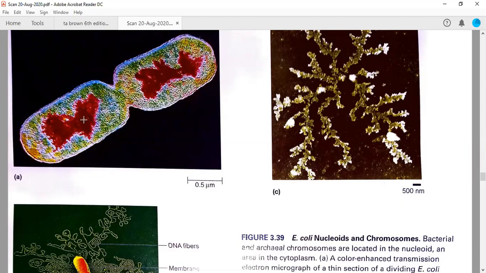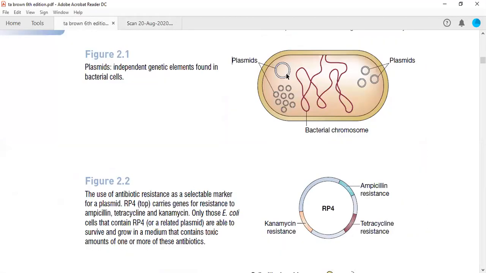But besides this bacterial chromosome, the bacteria also has certain plasmids, which are also part of the bacterial genome because they are found inside the bacterial cells and give some kind of advantage to the bacteria. The bacteria has two types of genome, the main bacterial chromosome and the plasmids, and different types of plasmids can be found in the same cell.